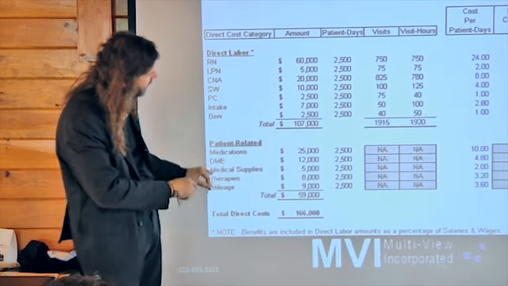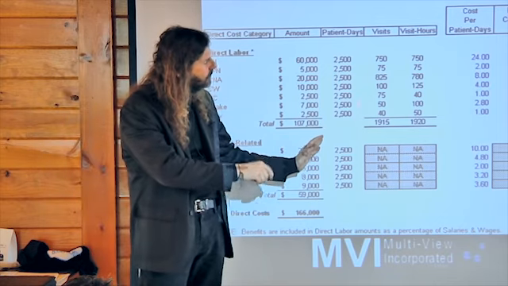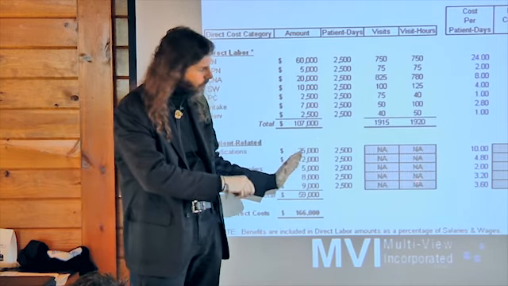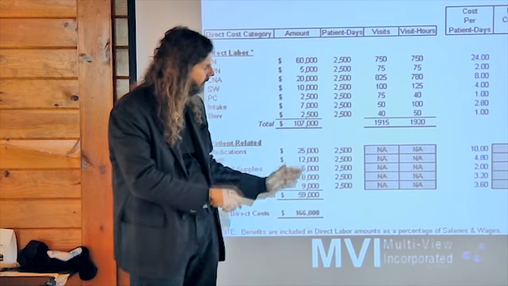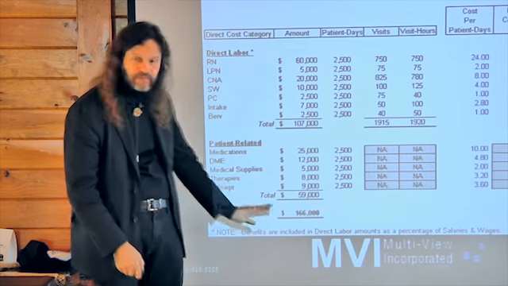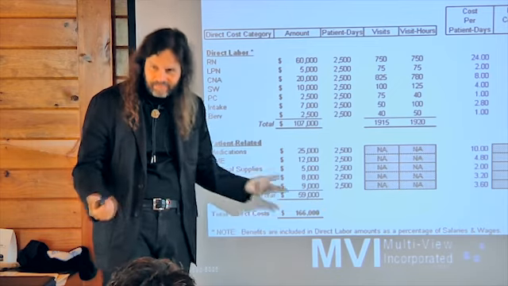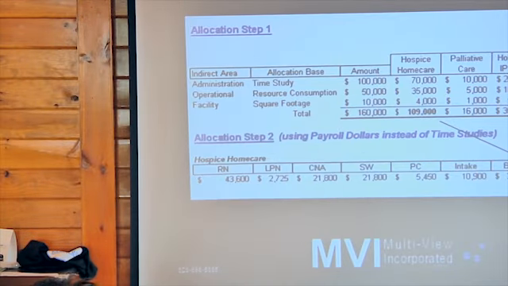Our patient-related costs, normally you don't divide those by visits or visit hours. So patient days actually works in that case. All that's pretty simple. And here we got $166,000 of direct costs. Okay, got that. Then we move into a two-phase allocation system.